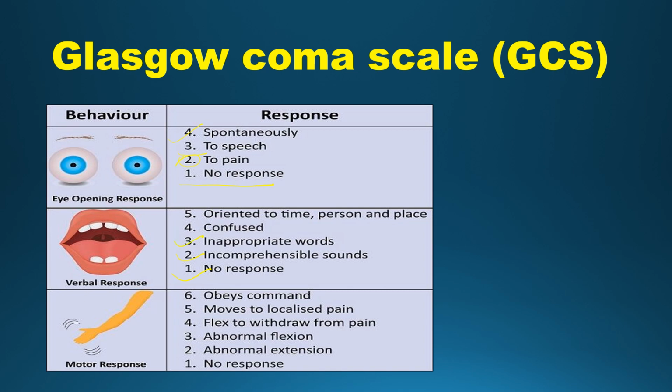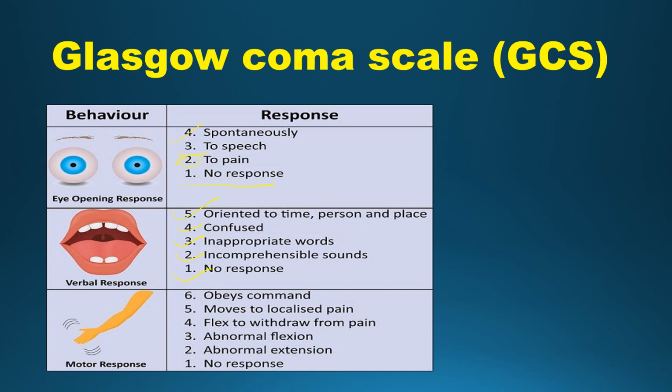And if the patient is answering our questions in a confusing way, you can guess that the patient is not oriented to time, person, or place, then we will give 4 points. And if the person is oriented to time, person, and place, then we will give 5 points.